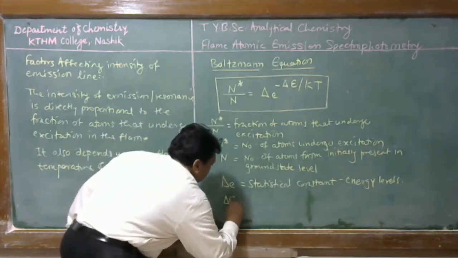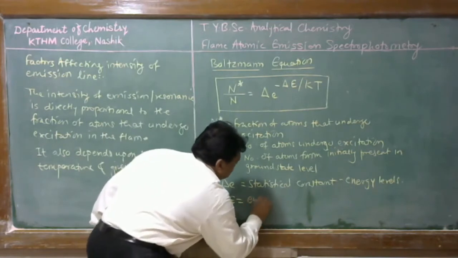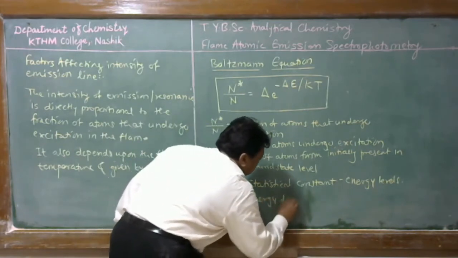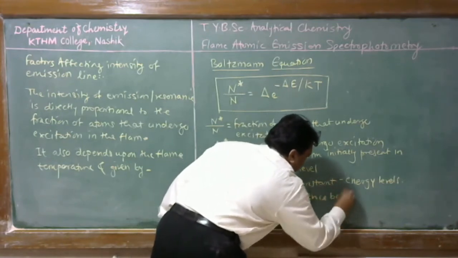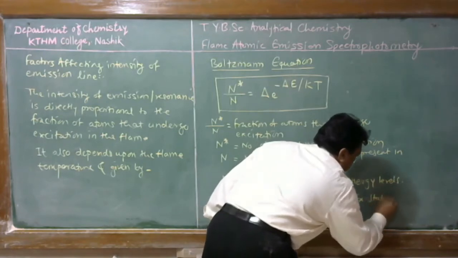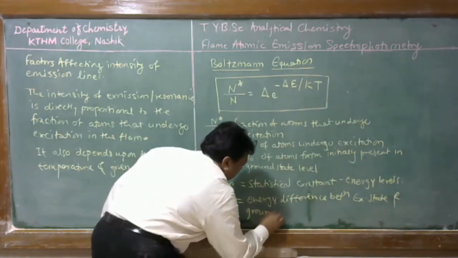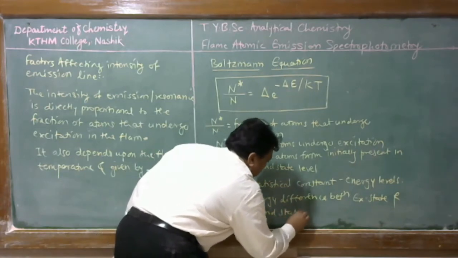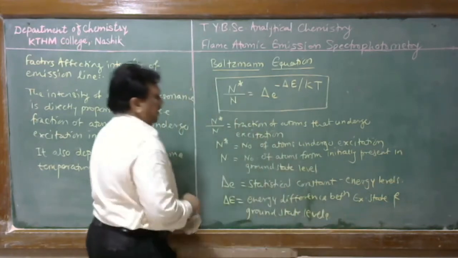This delta E is the energy difference between the excited state and the ground state level of the atoms.